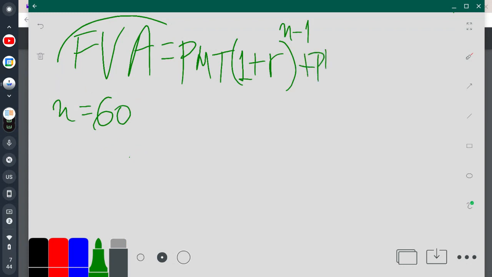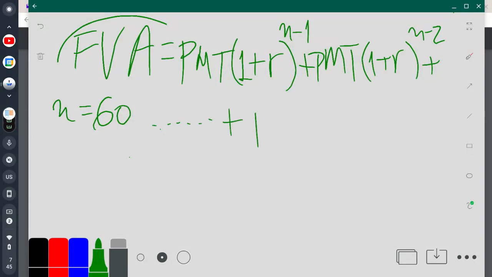And the second deposit will earn interest compounded n minus 2 times, plus, and it keeps on going like that. And then the third from the last deposit, in other words, the 58th deposit, will earn interest 2 times.